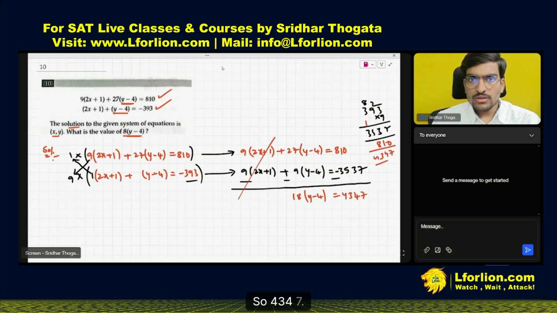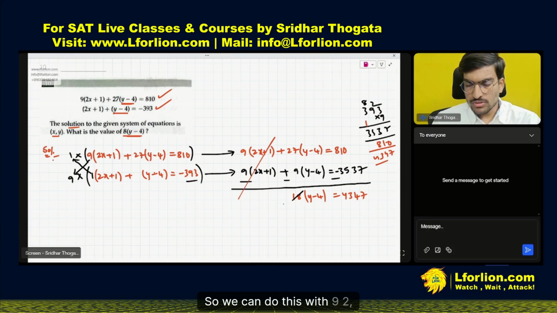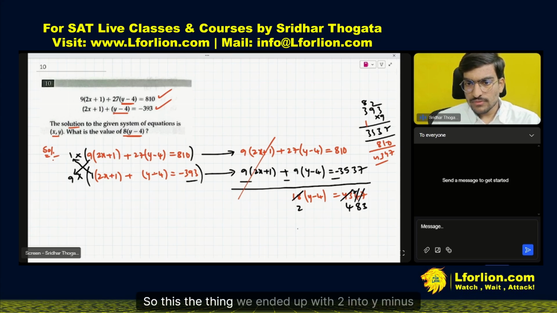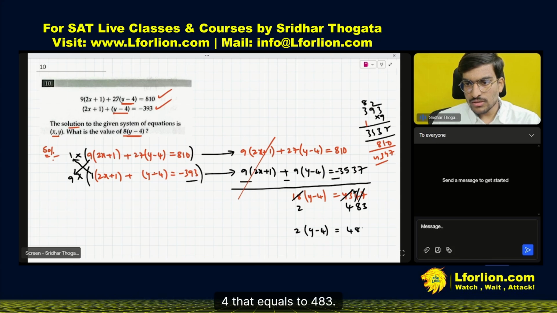So 4347, we can divide this by 18: 9 twos are 18, 9 fours are 36, 36 and 7 is 74, 9 eights are 72, 2 is there, 27, 9 threes are 27. So we end up with 2 into y minus 4 equals 483.